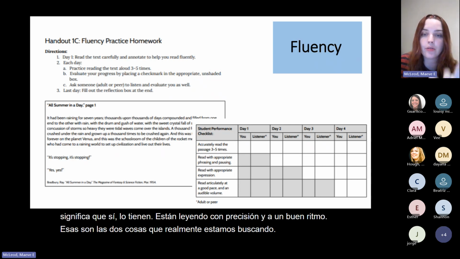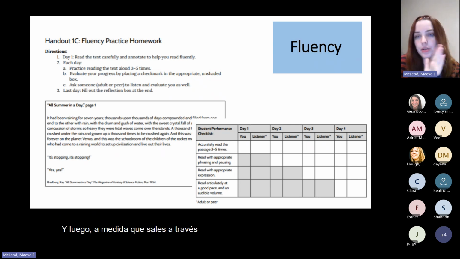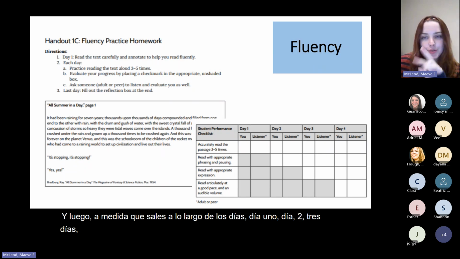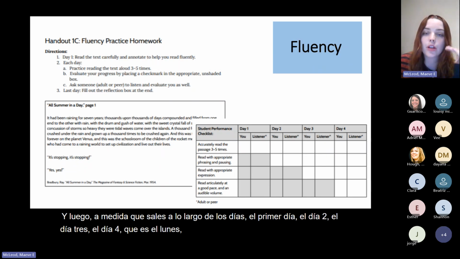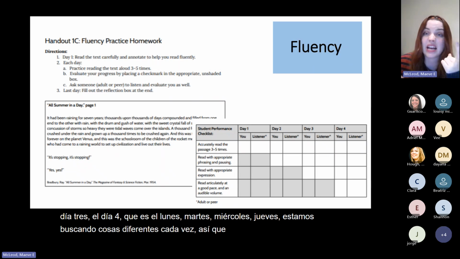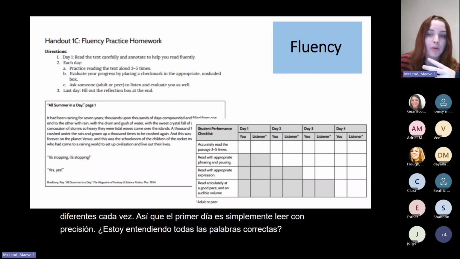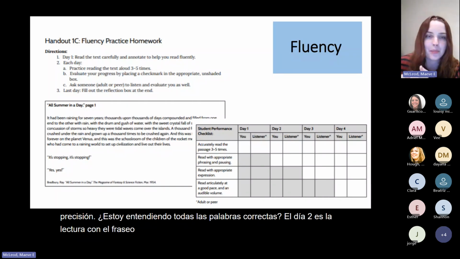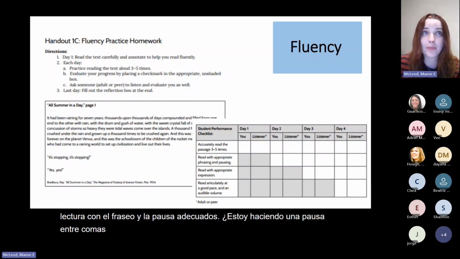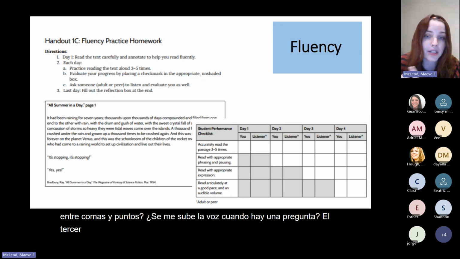And then as you go throughout the days, day 1, day 2, day 3, day 4, which is Monday, Tuesday, Wednesday, Thursday, we're looking for different things each time. So day 1 is just accurately reading. Am I getting all the words correct? Day 2 is reading with appropriate phrasing and pausing. Am I pausing at commas and periods? Is my voice going up when there's a question? Day 3 is reading with appropriate expression.